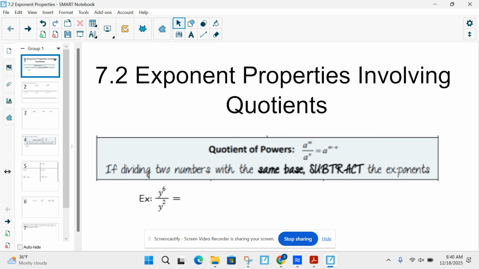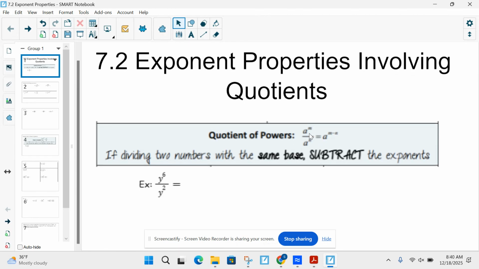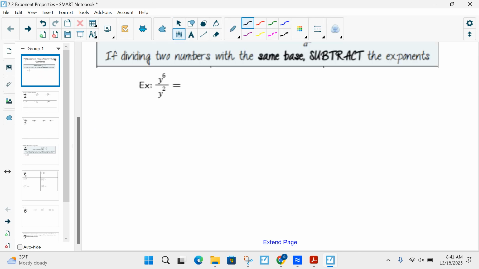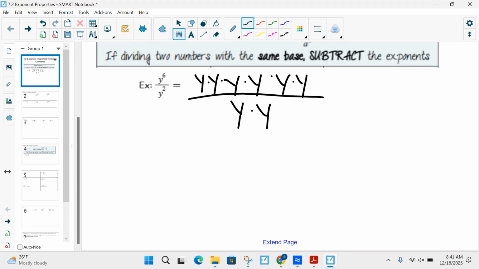So now we're going to learn about quotient of powers. Quotient means you divide. When you divide, we can think about it like this. If I have y to the 6 over y squared, if you expand the y's, you would have y times y, 6 times, and then divided by y squared, so 2 y's.